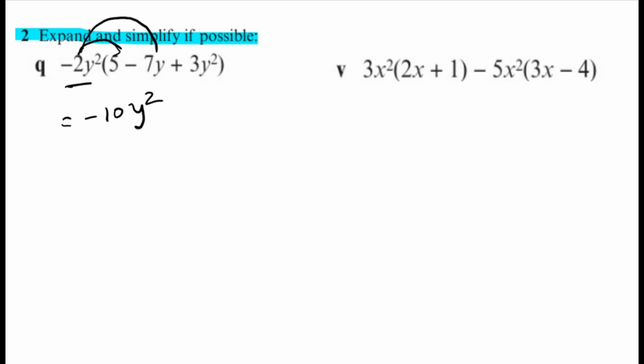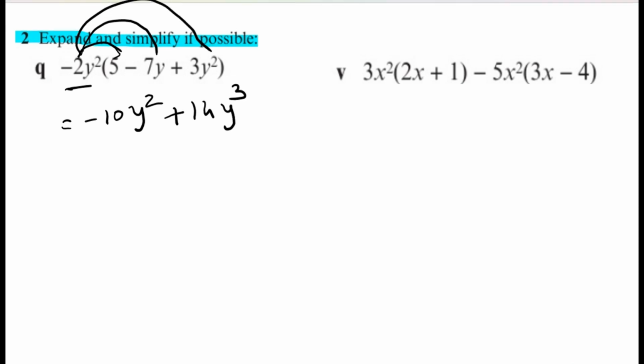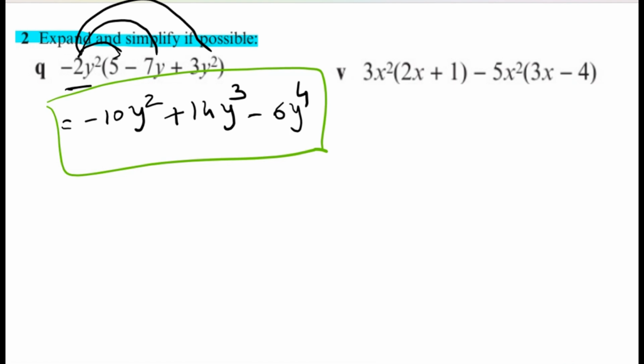Minus 2y squared times minus 7y gives plus 14y cubed. Minus 2y squared times plus 3y squared will give you minus 6y power 4. We cannot simplify it further because we don't have any like terms here. So this is our final answer. Now, pause this video for a while and try to do question 2(b) by yourself. If you have any doubt, write in the comment section.